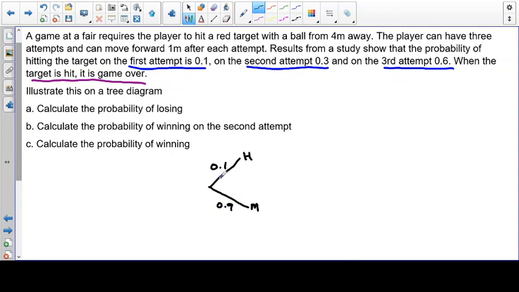Now, if we hit on the first attempt, that's game over. So there's nothing that needs to follow this particular branch. The only time we're going to need a second attempt is if we miss the first one. So here, given that we miss the first one, we can then hit or miss on the second attempt. So that's going to be 0.3, which means that's going to be 0.7.